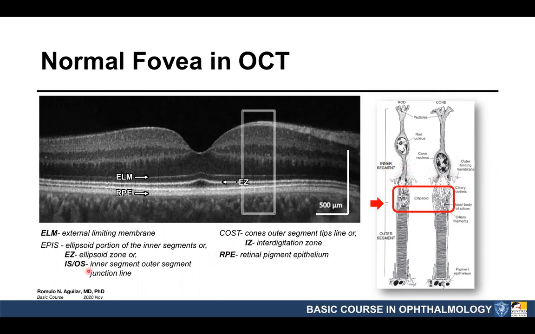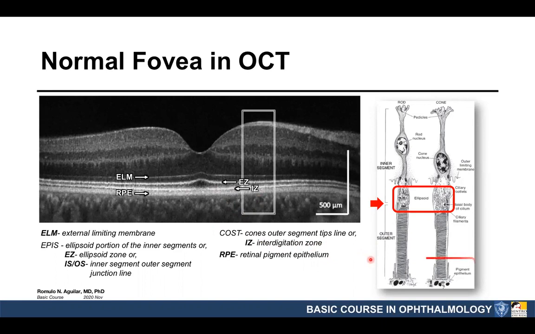It is also called your ISOS junction because it corresponds to that part where the inner segments and the outer segments begin. So it's a junction between your inner segments and outer segments. This second line here is what is referred to as your interdigitation zone.